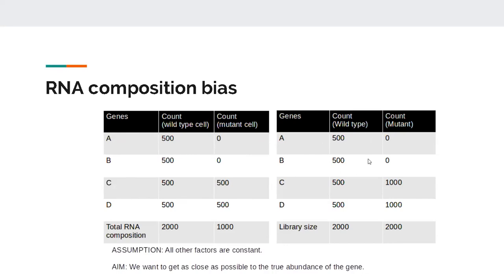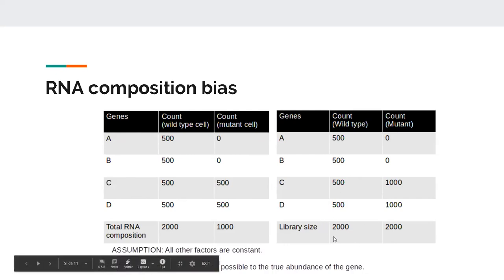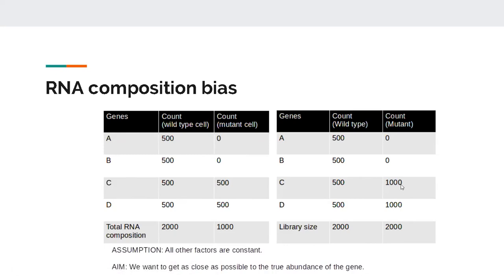When you do the sequencing, let's say you wanted the library size to be the same. So let's keep the library size the same as of now. Just to make up for these reads, you will be oversampling the reads coming from C and D. So what might happen is that you might feel that there is a differential expression of all 4 genes, A, B, C, D, across wild type and mutant.